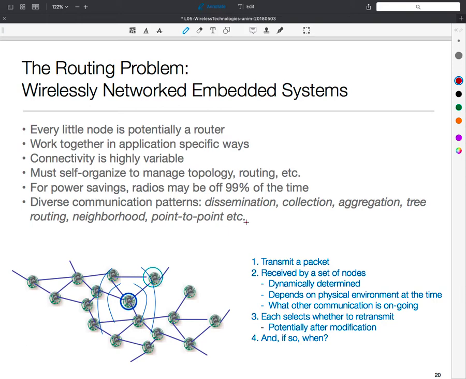Now, there's a dumb way of sending messages here. Let's say node A wants to send a message to some node B, and it doesn't know what the network topology is. Can you suggest some simple way of getting a packet from A to B? What would be your first cut way? Flooding, right?